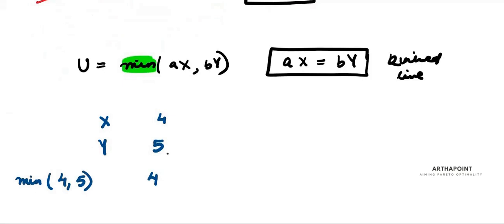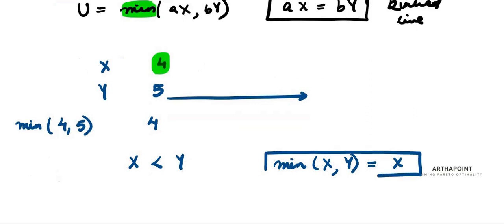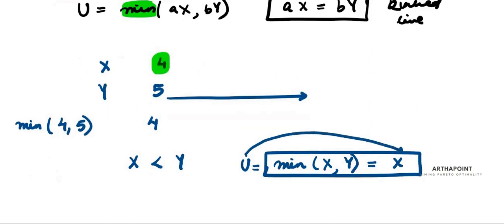If I take y anything greater than 4, but I keep x constant at 4, I will always get the answer as 4. So whenever I have x less than y, then the min of x comma y is always going to be x. So the utility will be equal to the value of x, because that is what the min of x and y is.